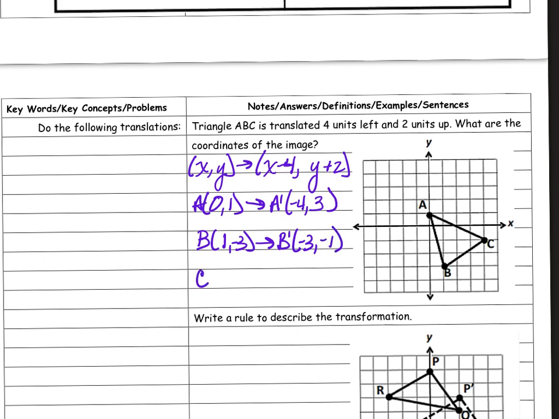And then C is, let's see, (4, -1). And it becomes C prime, which is 4 minus 4 is 0. And negative 1 plus 2 is 1. And there's our coordinates. If you want to graph it, you can, but I'm not going to. So there we go.